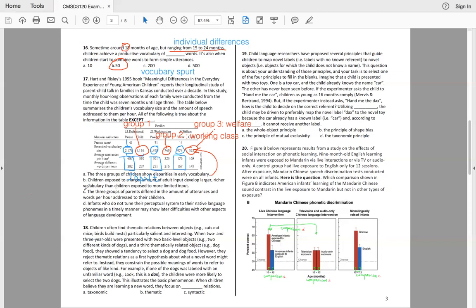So B is also, the information is also available in the table for statement B. Let's see number C, the three groups of parents differ in the amount of utterances and words per hour addressed to the children.